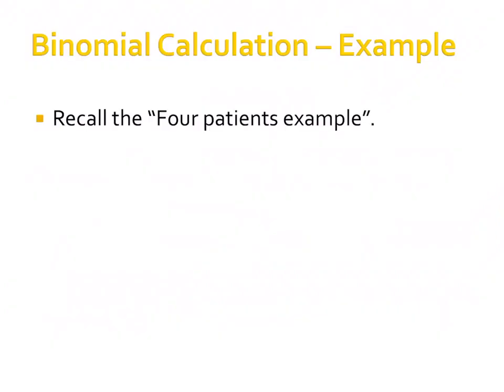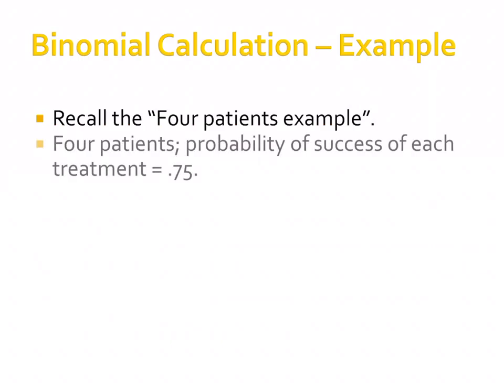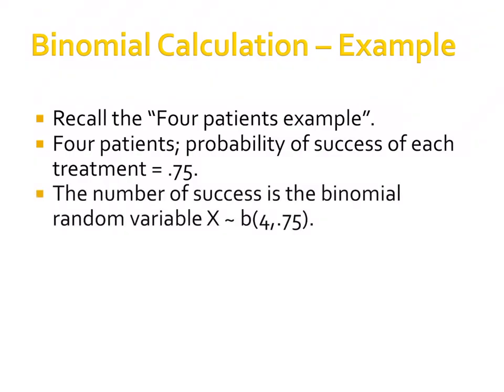So we call back the 4-patient example, the one we went over a couple chapters ago and just previously brought back up. The probability of success in each treatment is 0.75. The number of successes is the binomial random variable X distributed as B(4, 0.75), where 4 is our n and 0.75 is our p, the probability.